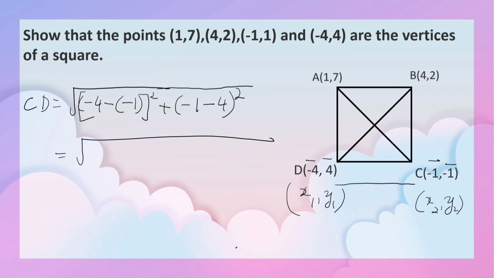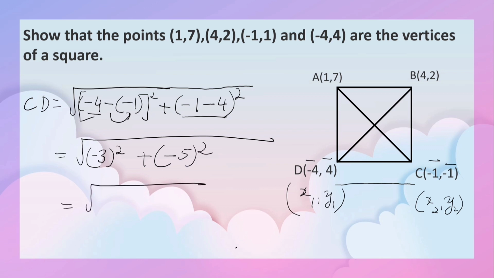That is equal to -4 minus -1, that is plus 1. -4 plus 1 is -3 the square plus (-1 minus 4), that is -5 the square, that is equal to -3 the square is 9. Square root of, don't forget to put square root of in each step, plus -5 the square, that is 25, that is equal to square root of 34 units.